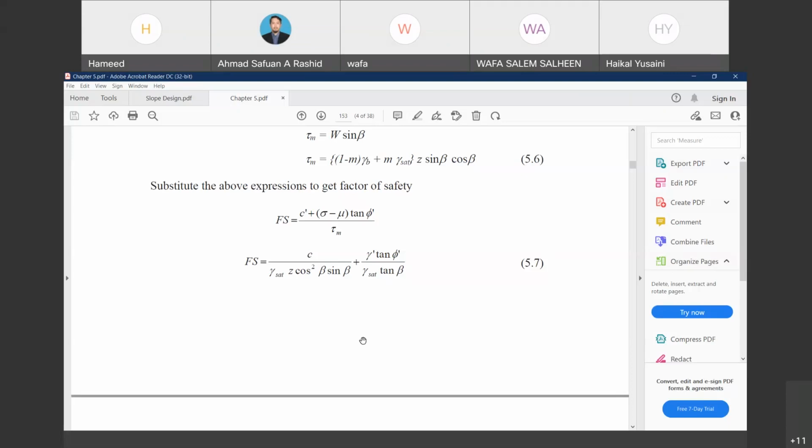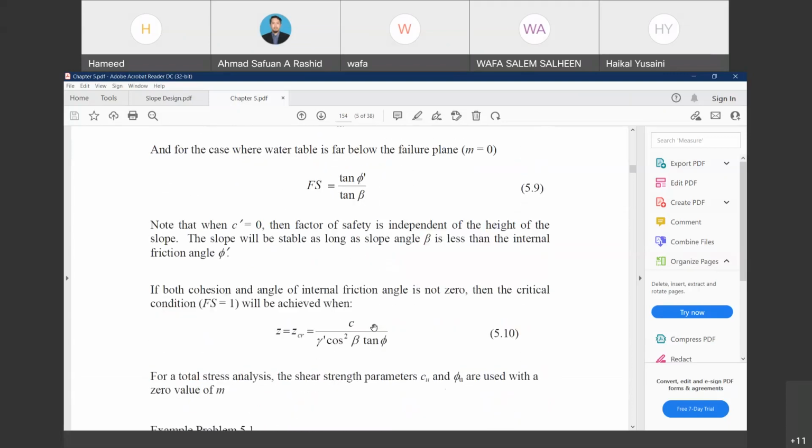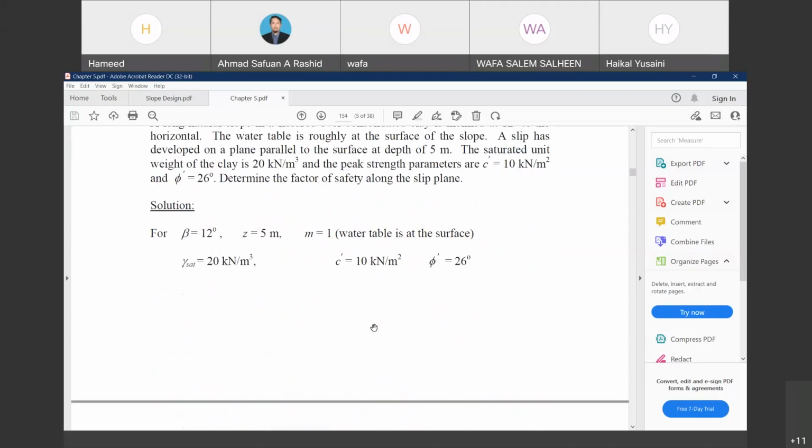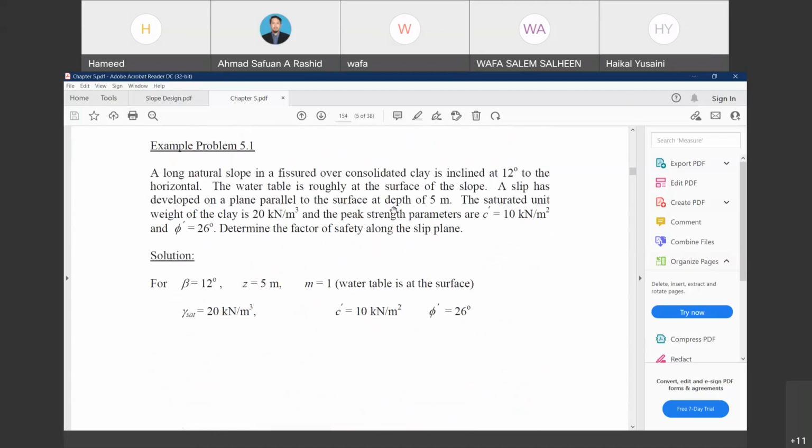However, the M approach is very powerful, but for this example the water is on the ground surface. So we may use this approach for another example later on.